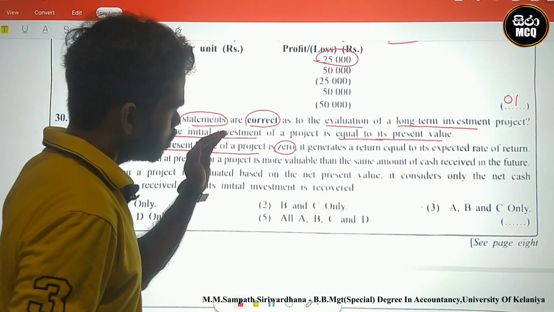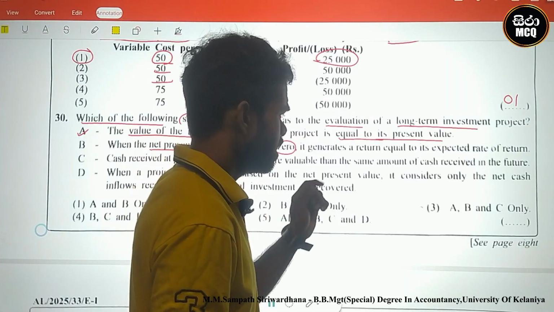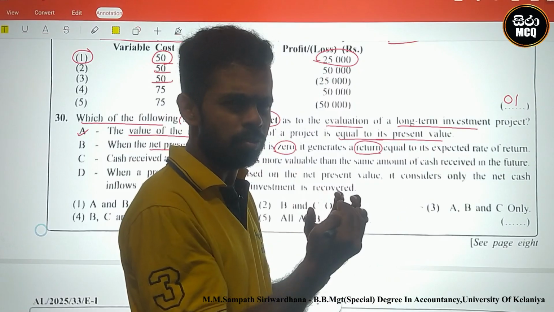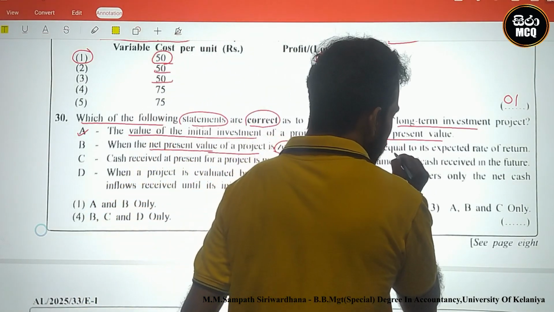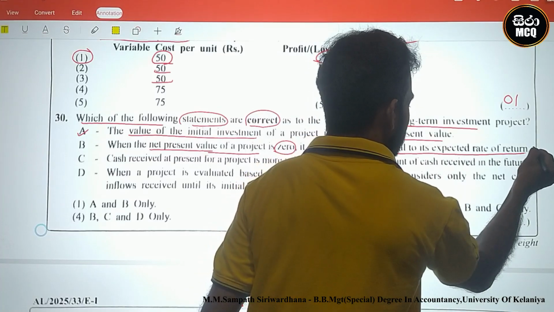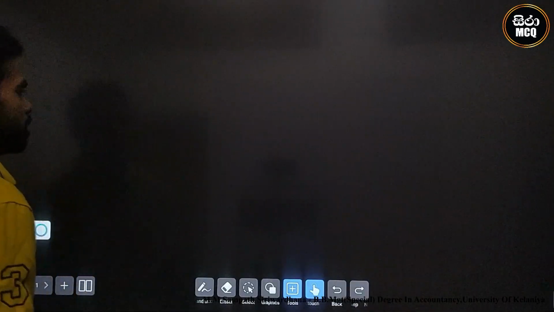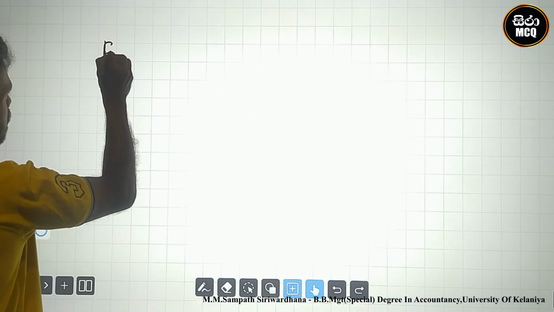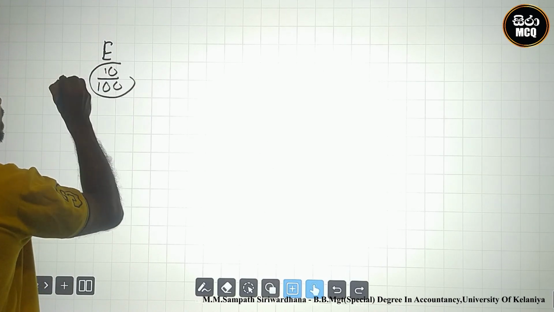They said that when the net present value of the project is 0, it generates a return. Return means cash inflow. Return means cash inflow equal to its expected rate of return. Look here, what is the expected rate of return? You know, 10%, no? 10% expected rate of return.